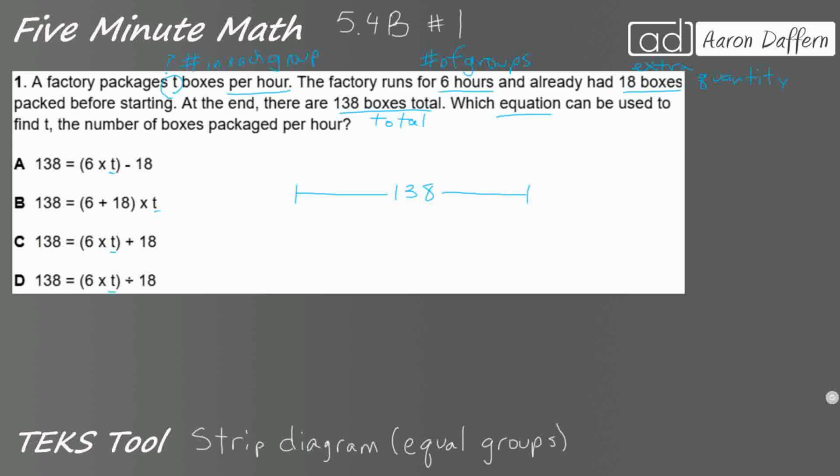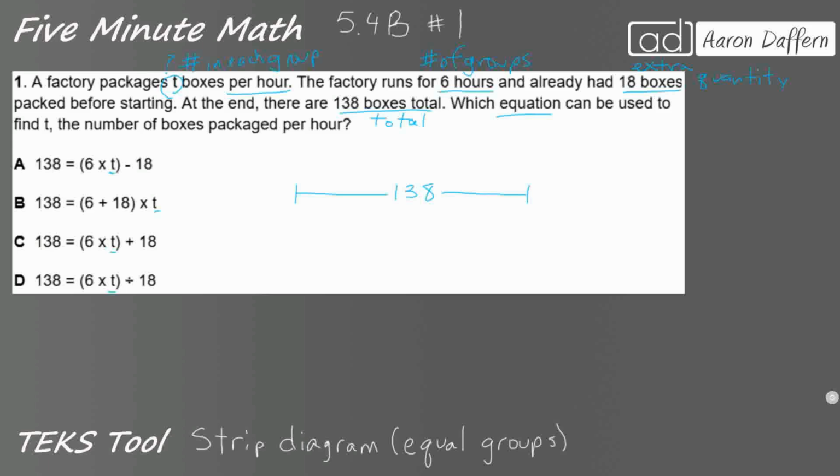All right, so we have two different things going on to get to this 138. We've got boxes that are going for 6 hours, and we don't know how many boxes are packaged per hour, T boxes per hour. And then you've got this 18 boxes that are just kind of sitting there. So we can actually represent this like that.